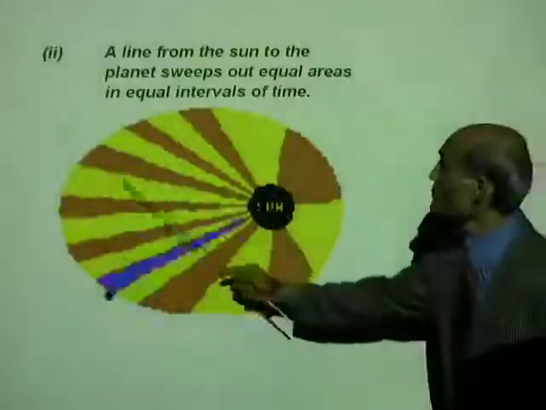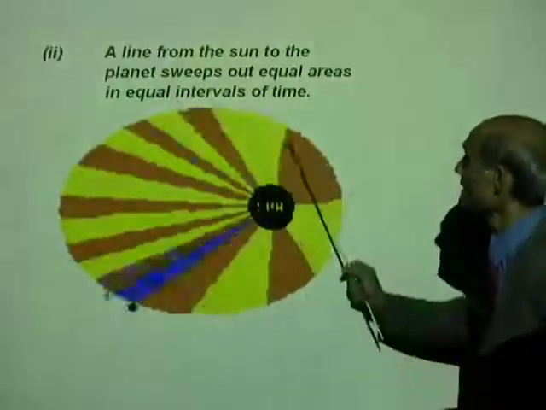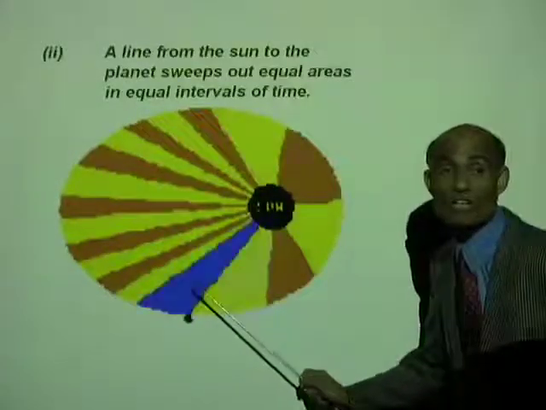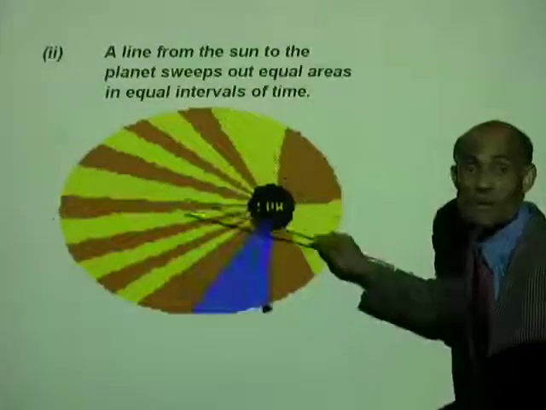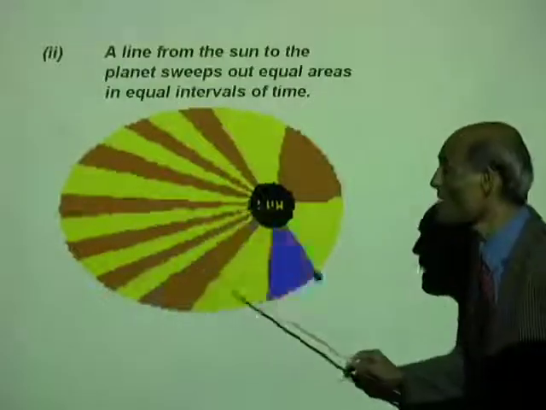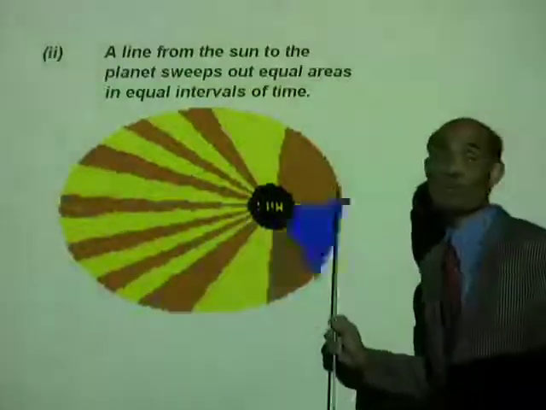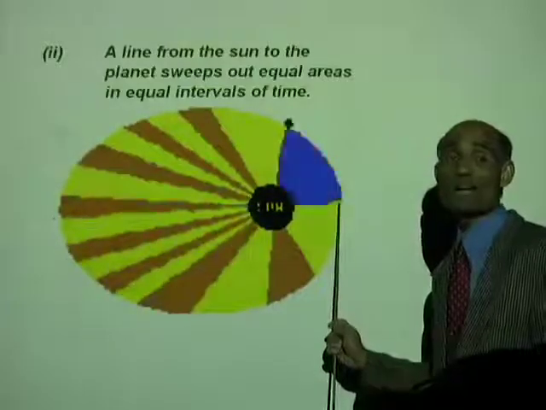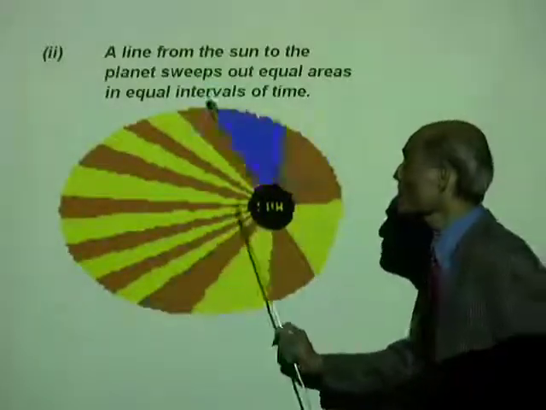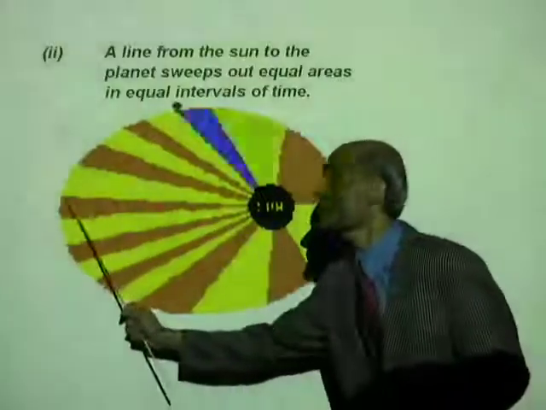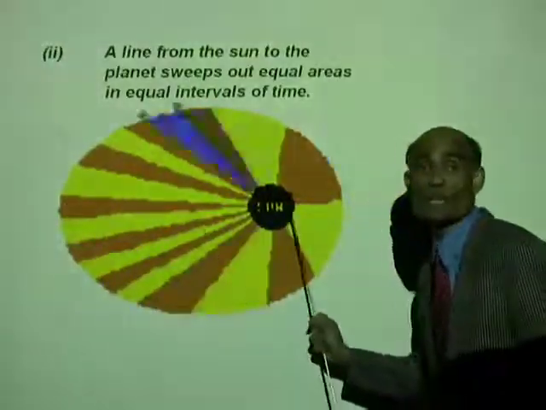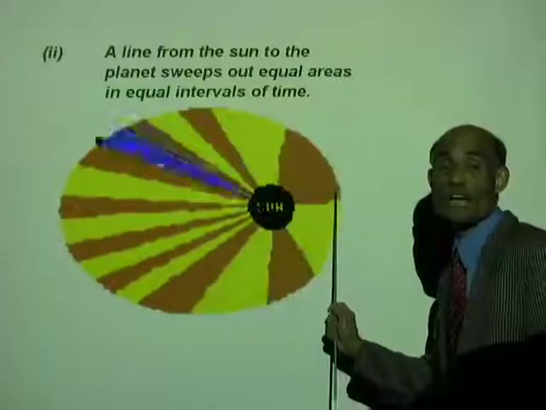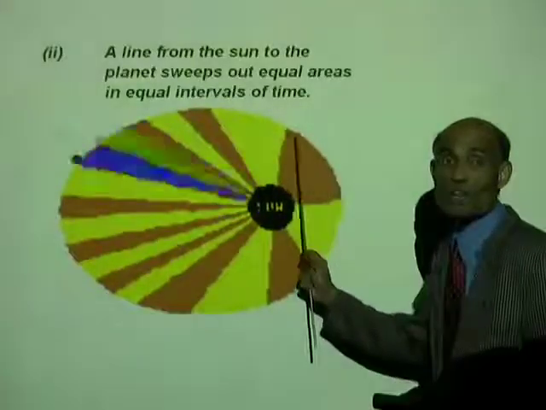As the planet moves around the sun, these shaded areas indicate areas swept out by that line in equal times. Now, you see why the planet has to move faster when it is closer to the sun. In order to trace out the same equal area in the same time when the planet is closer, it has to cover a longer distance.